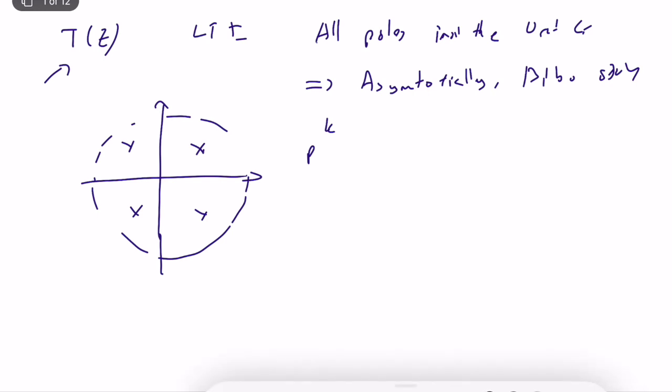Okay, so for a fully stable condition in terms of both asymptotic and BIBO stability, this is the condition. The next step is, let's talk about this.